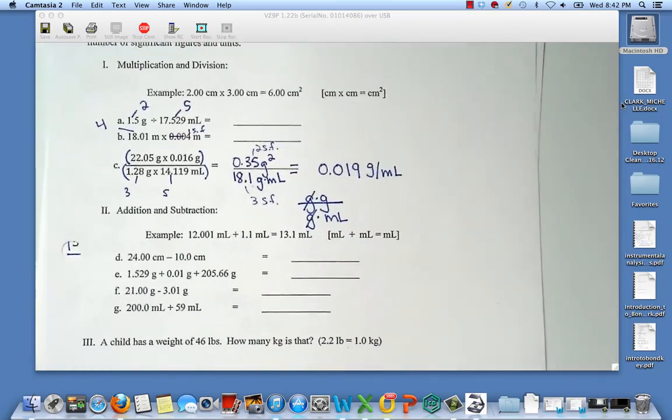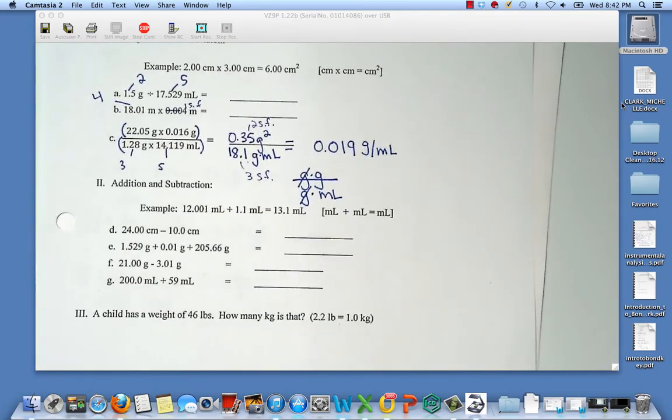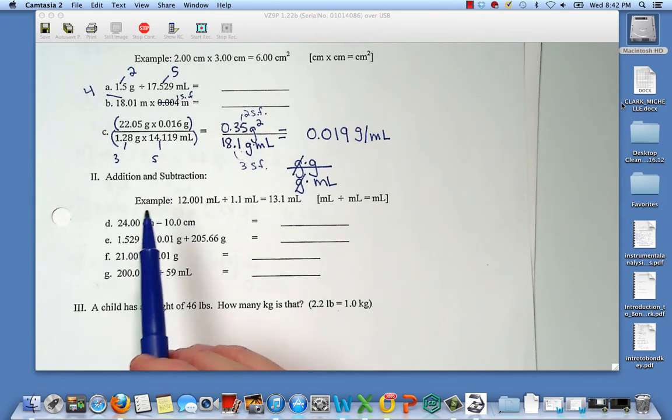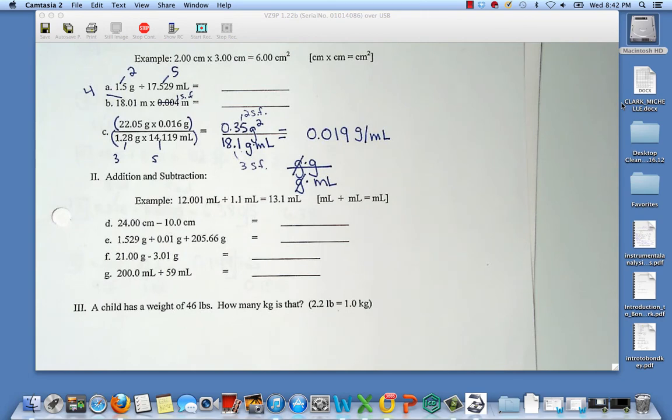The next part of this prelab deals with addition and subtraction. And remember, those are after the decimal point. There are some tricky ones in here, and we're not trying to trick you. We're just trying to get you to pay attention to after the decimal. When you're doing these, keep repeating to yourself, after the decimal, after the decimal.